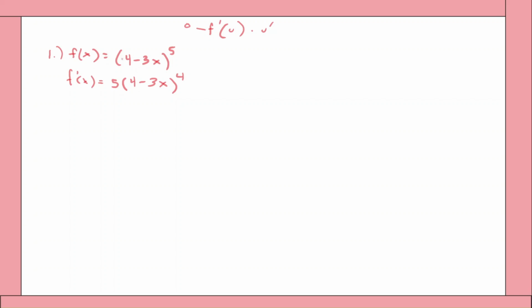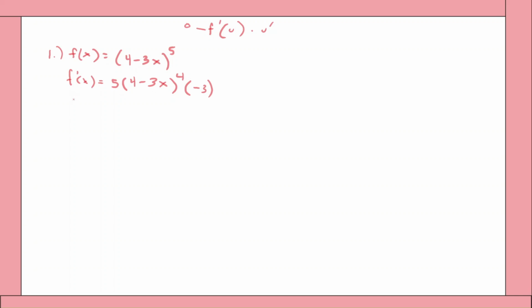So we did the outer section, check. Now we're going to work on the inner one. The inner function is this one right here. So 4, obviously a constant, is 0. Negative 3x, we know the derivative of x is 1, and 1 times negative 3 is negative 3. So we're going to be multiplying by negative 3.